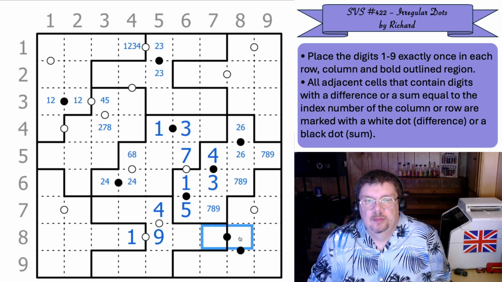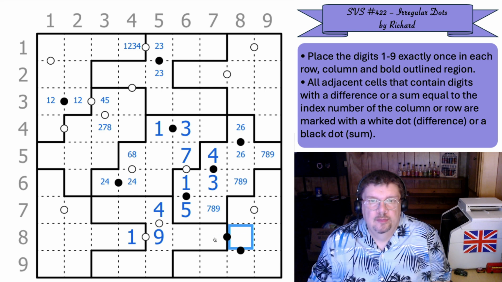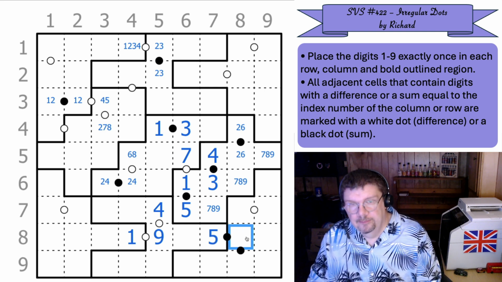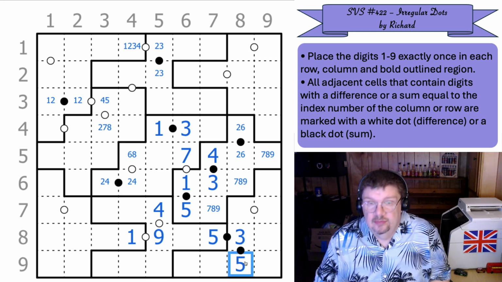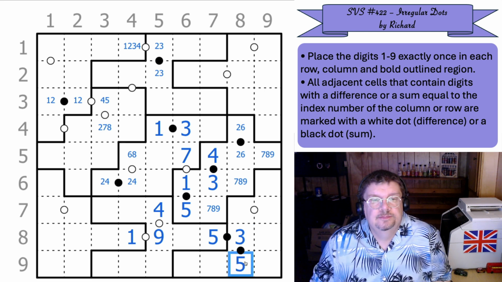Okay, summing to 8 is not 1, 7, could be 2, 6, or 3, 5. But this cell can't be 2 or 6, so it must be 3, 5, and we know the order. And then again, summing to 8, now we can place that 5.